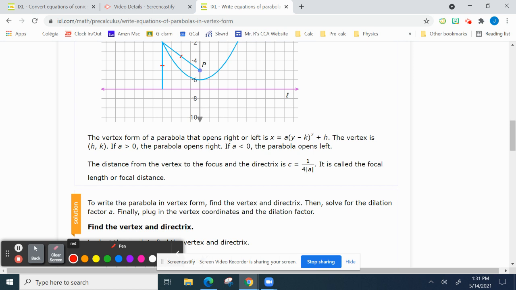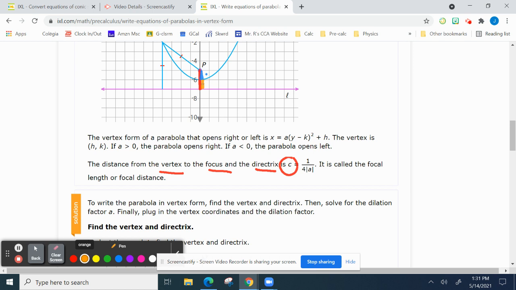C right here is the distance from the vertex to the focus and the directrix. That's the distance right along this line right there. So the actual distance C could be this piece, or it could be this piece.